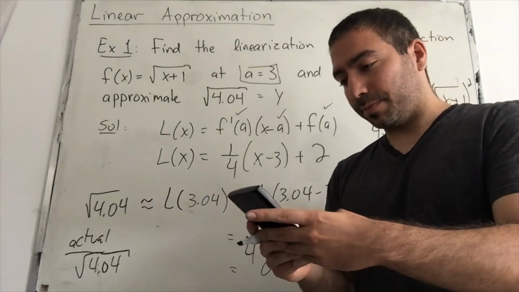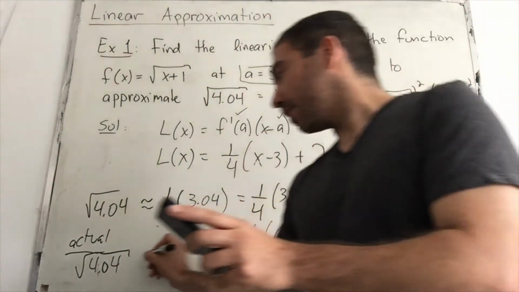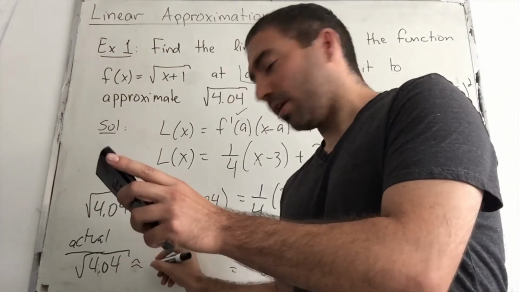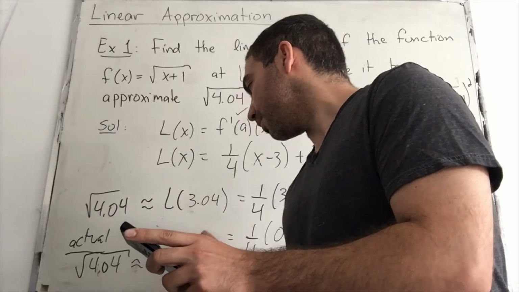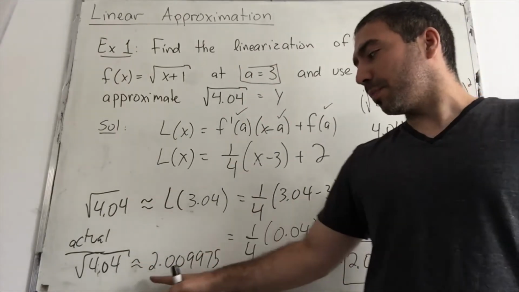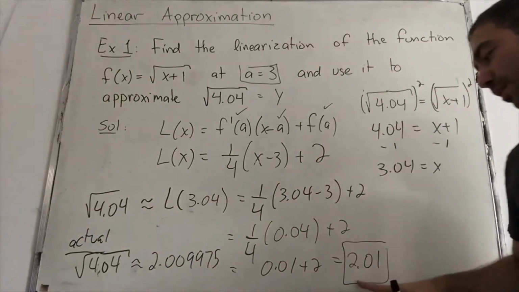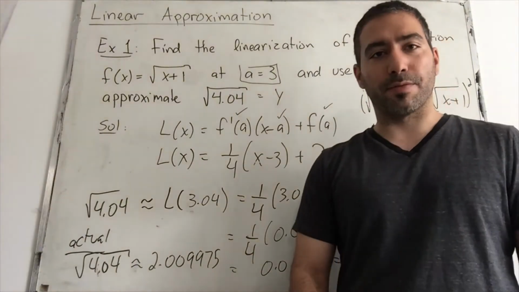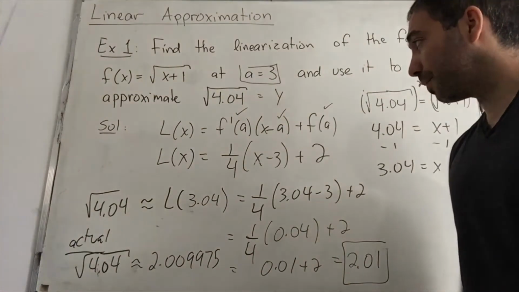Using our calculator to verify our answer, it's actually approximately 2.009975, and so on. But as you can see, 2.01 is a really good approximation to 2.009975, seeing that we didn't use a calculator.